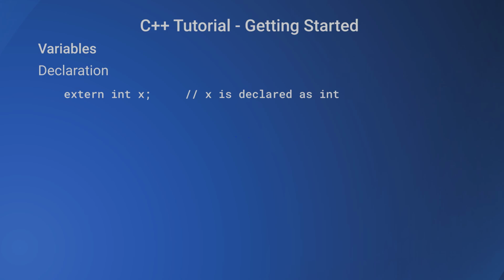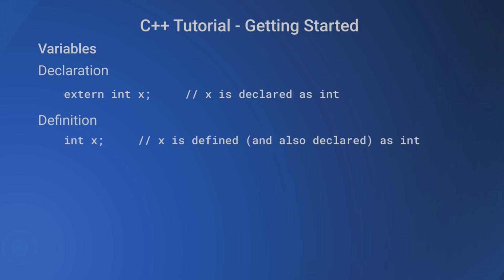So this is an example of declaration of variable int x. When we say int x, x is defined as an integer. We are telling the compiler that there is an integer x, so it is also getting declared, but in addition to declaration, memory is getting allocated for x, and that memory for x stores the value of x.